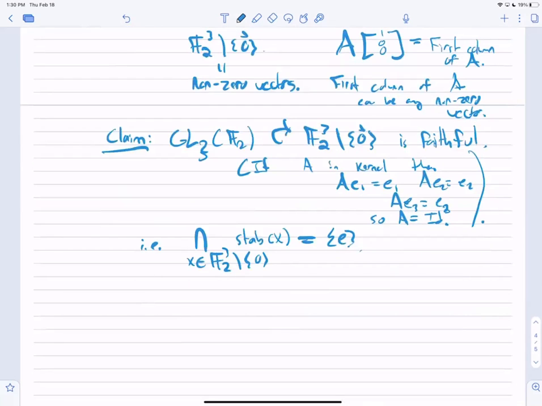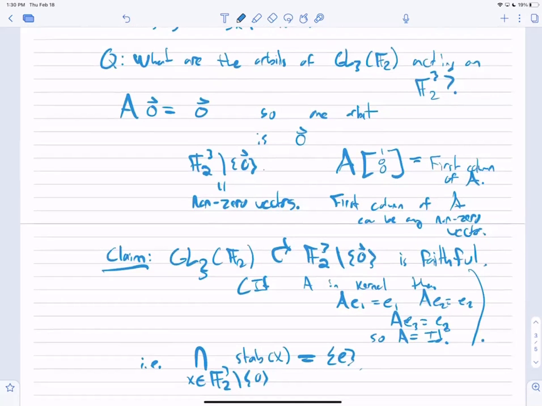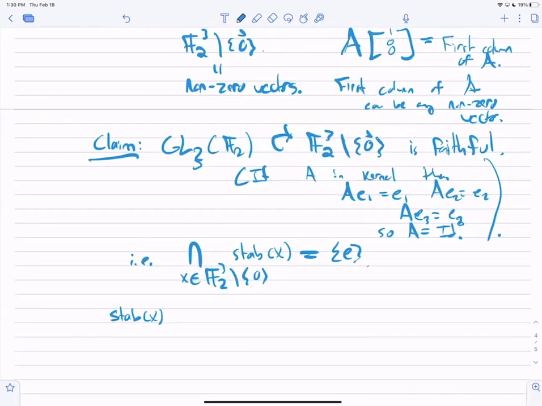Let's look at the stabilizer for a second. In the stabilizer of x, this action is faithful, and it's also transitive because it's just a single orbit. So for any x, the stabilizer of x has index 7 in GL3, just by the orbit stabilizer theorem.